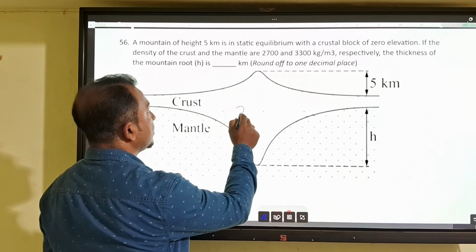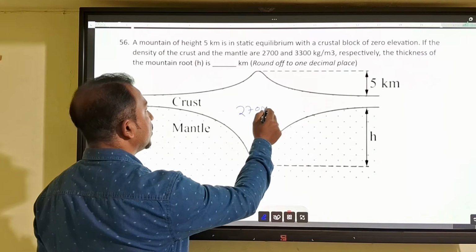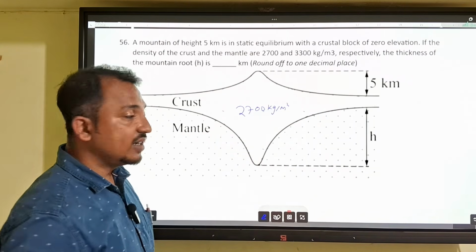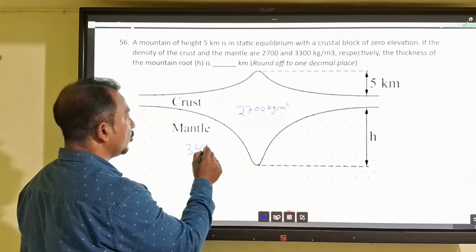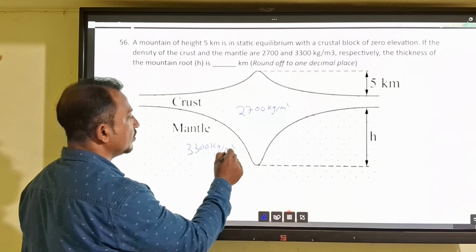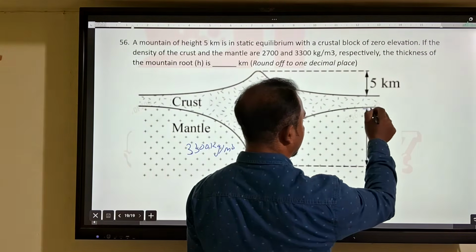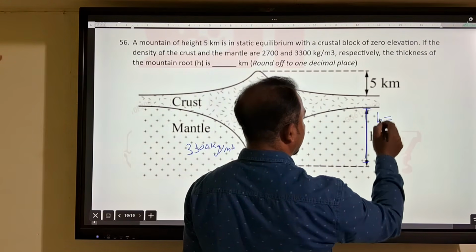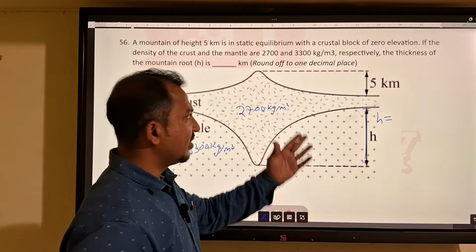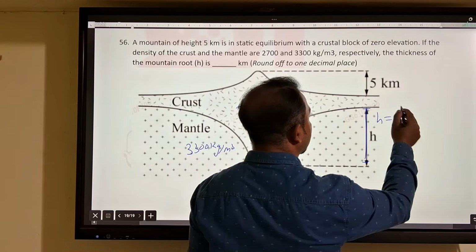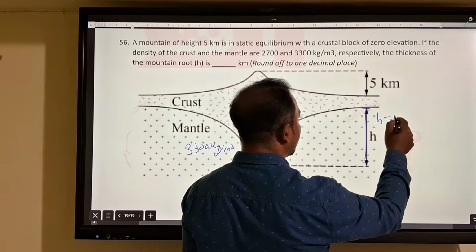The density of the crust is given as 2700 kg per meter cube, and the density of the mantle is given as 3300 kg per meter cube. So we'll apply Airy's hypothesis, and the root will be here, root will be h. Usually we take that 5 kilometer as h, but here it is asked h. That will be your root thickness.